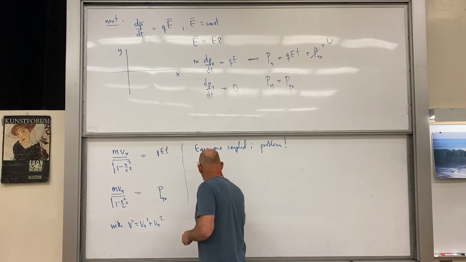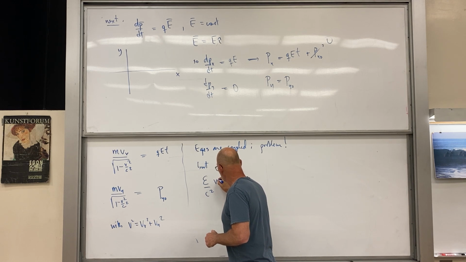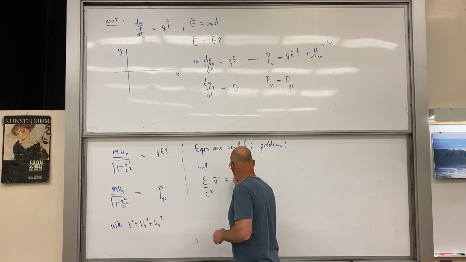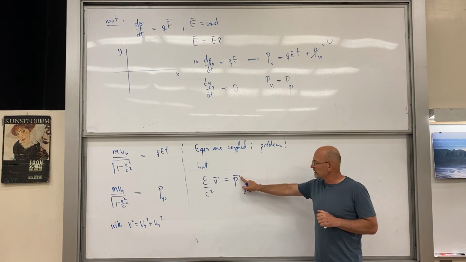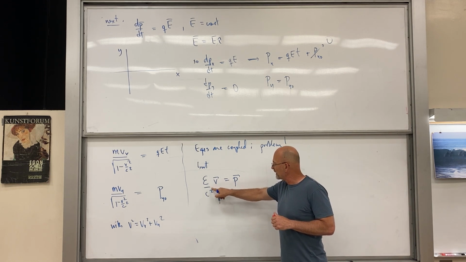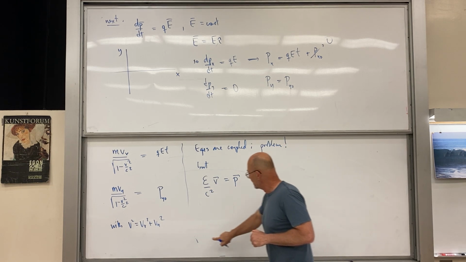But we had this expression E over c squared times v was equal to p. Now this was for a free particle, so we're going to have to be careful in the interpretation, but this will lead to a good solution.